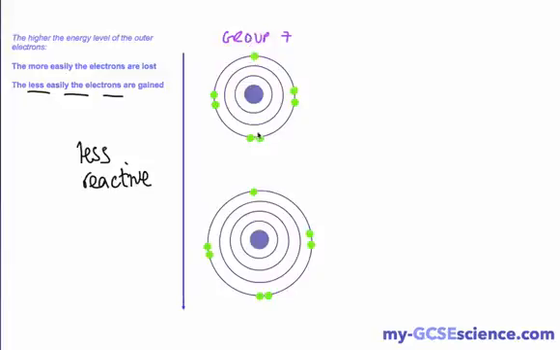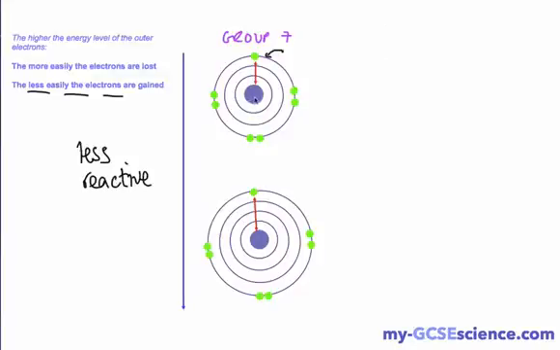For group 7 elements to react, they have to gain an electron, and that's when a reaction would happen. If electrons are easily gained, we have a reaction. For elements that are further down, you can see the distance is further. The distance of the electron from the nucleus is further, so it's going to be less easy to gain that electron. That means it's going to be less likely to react. It's going to be more difficult for it to react.